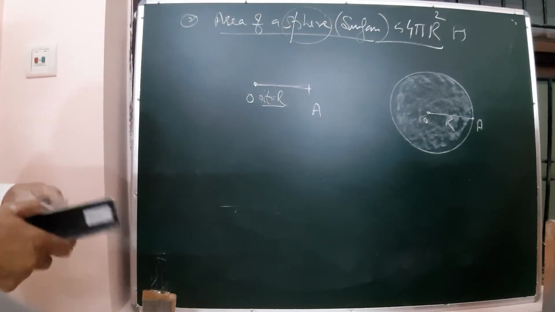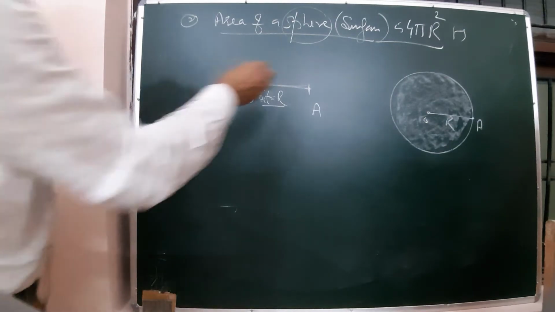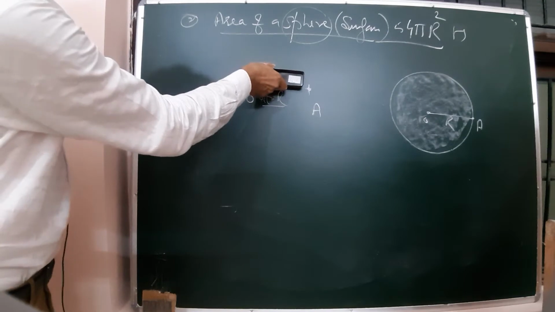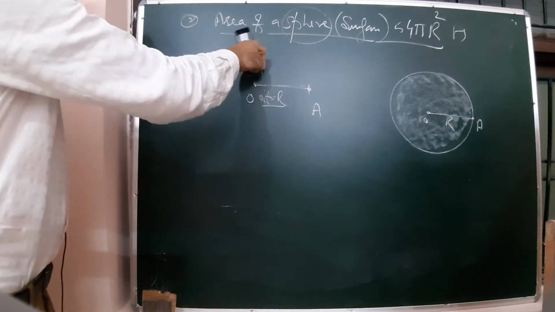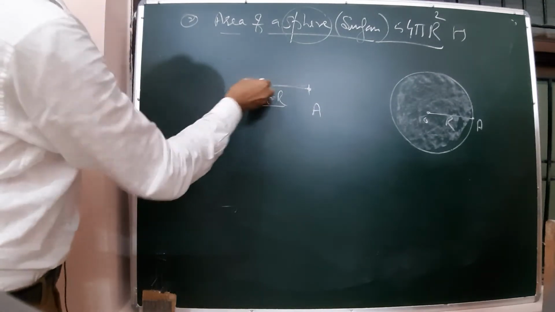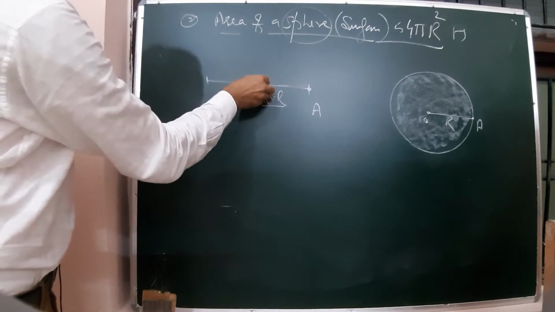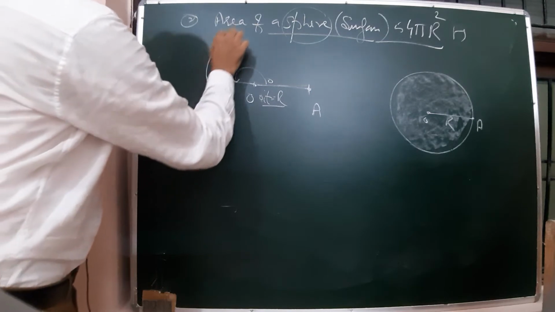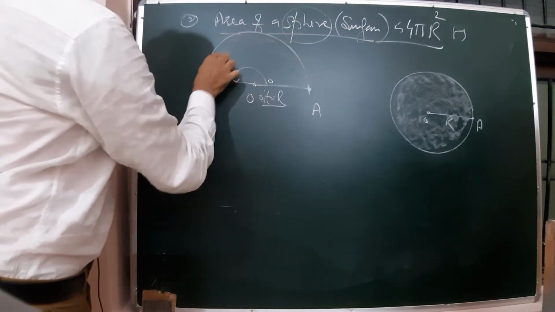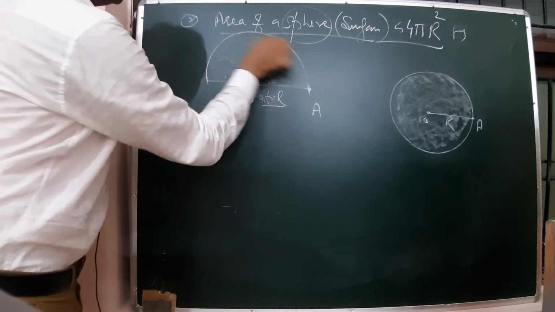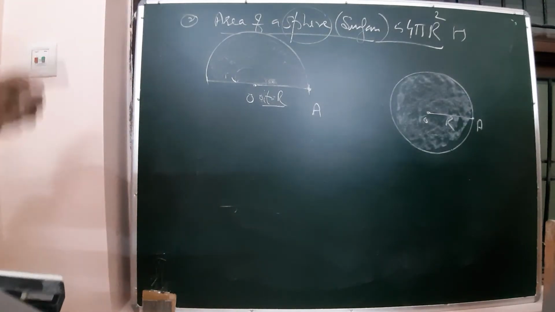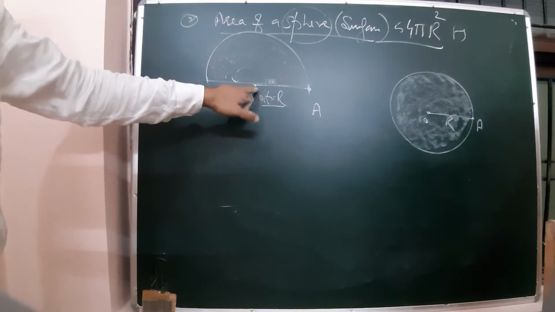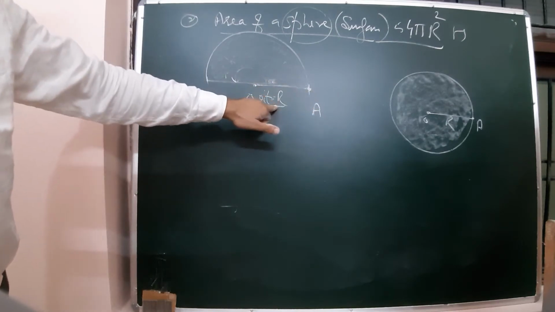Now to draw a sphere, what will we do? We will take this extension or radius, and trace a semicircle by using this radius, that is this one, 0 to pi. So this will become a semicircle. So remember that to draw a sphere, first of all we have to extend a point O to A, that is radius r.